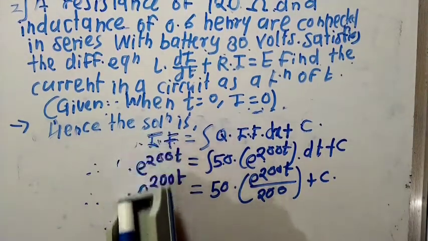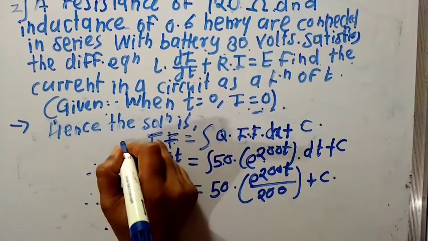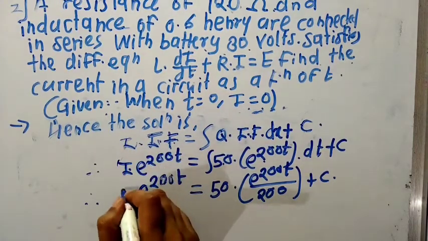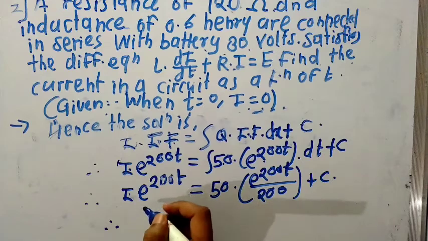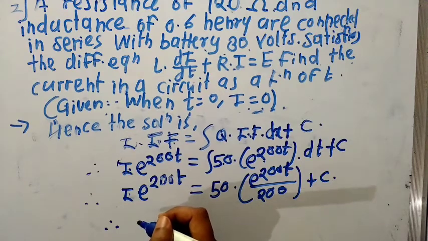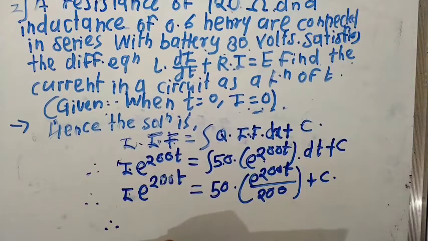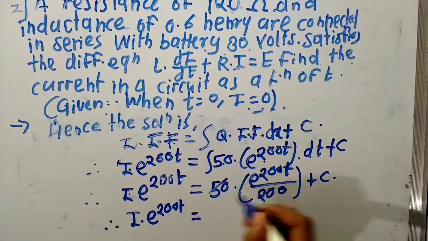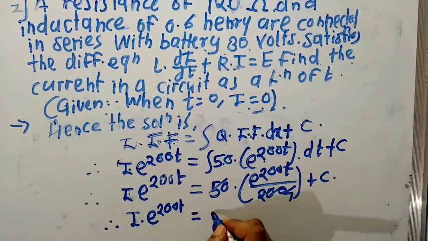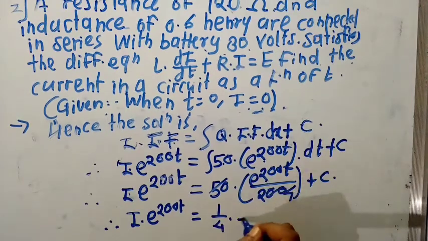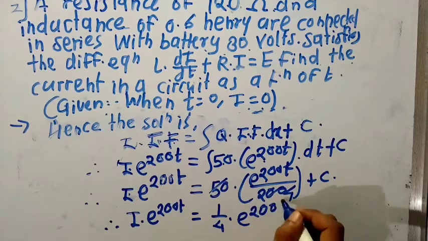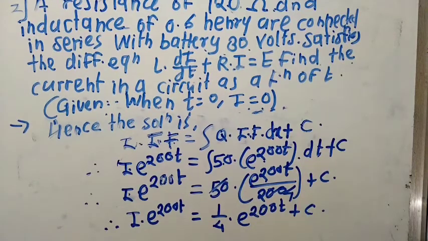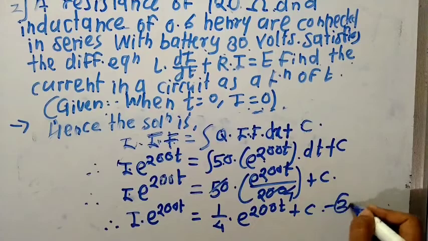So I into e raised to 200 t is equal to 1 by 4 into e raised to 200 t plus c. It is the second equation.